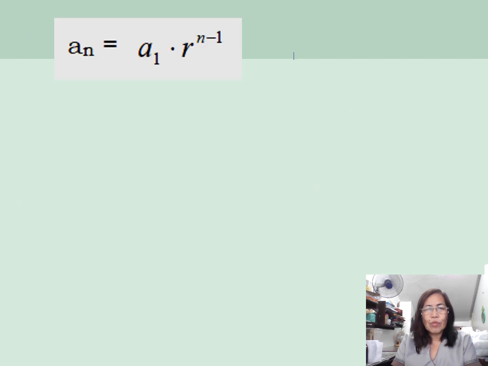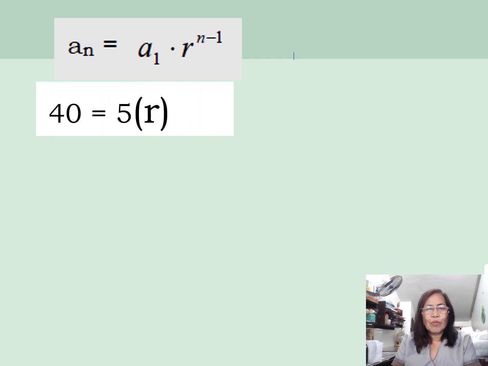And so let us now substitute all the given in the formula. So we have 40 is equal to 5 times r raised to 4 minus 1. So please remember that n minus 1 is an exponent of r, so don't forget to enclose r in a parenthesis.